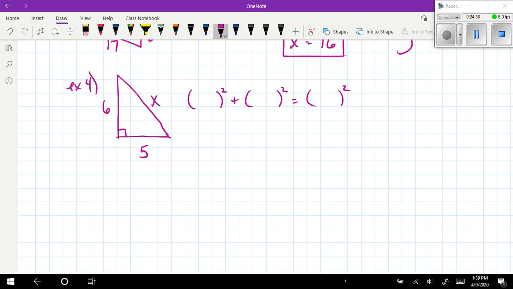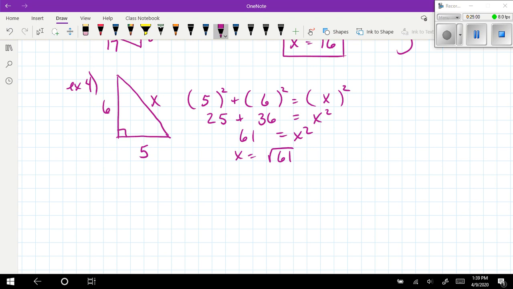The two legs are 5 and 6, and the hypotenuse is my x. 5 squared gives me 25, 6 squared gives me 36, and that is equal to x squared. 25 plus 36 is 61 equals x squared, which means that x will be the square root of 61.